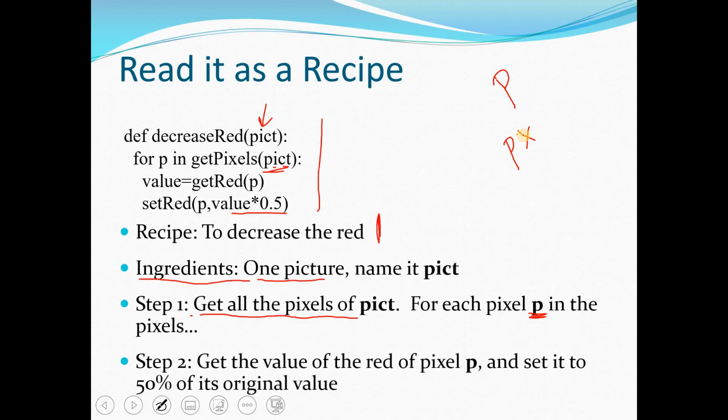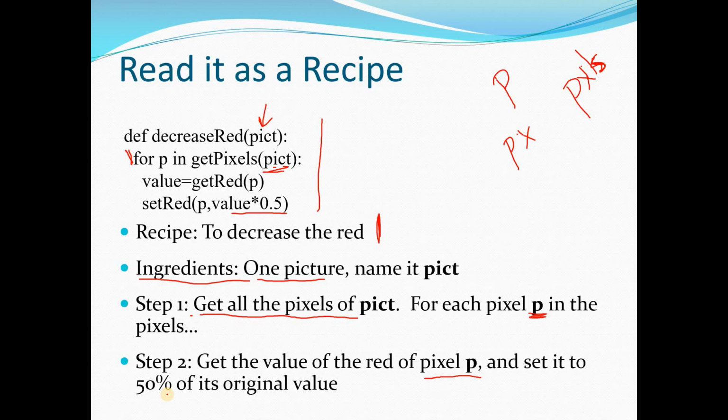And if you have a pixel array, many pixels, then you use pxls. This is the notation I commonly use, but it's up to you. In the second step, you get the value of the red for each pixel p and set it to 50% of its original value. Clear?